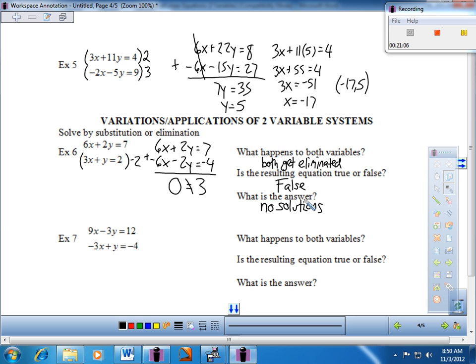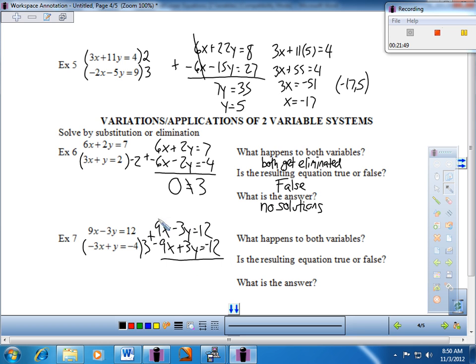You could probably guess what's going to happen here, but let's play it all the way through. So I'm going to do it one more time, everybody. I'm going to multiply this by 3, it looks like. And what's interesting here, I get 9x minus 3y equals 12. And bear with me on this. It looks like a negative 9x and a plus 3y equals negative 12. And same thing, I add.